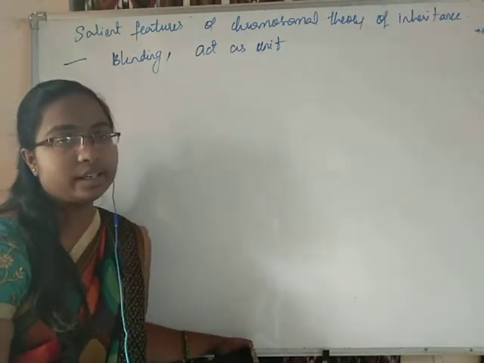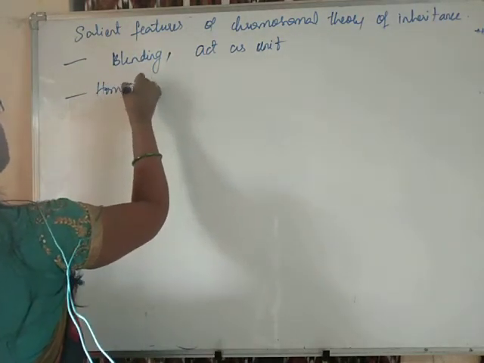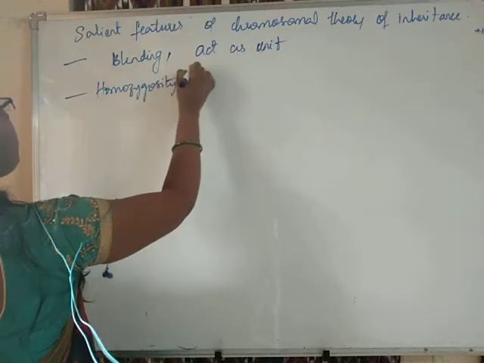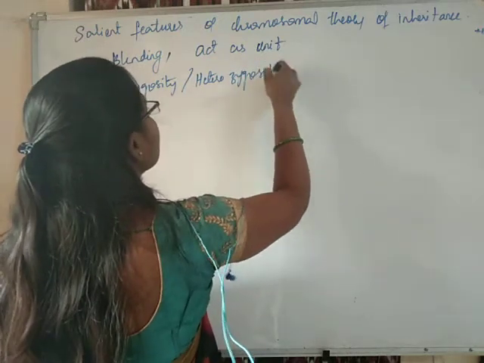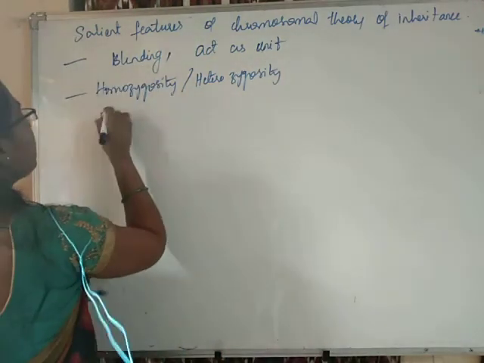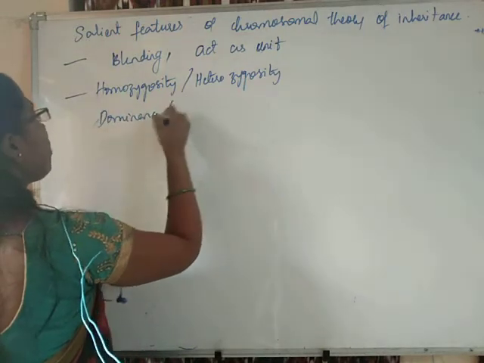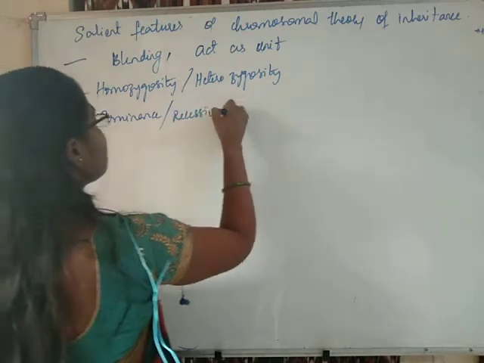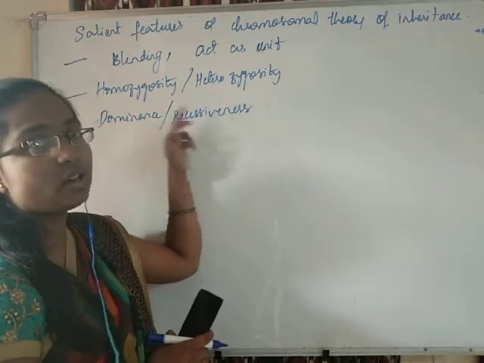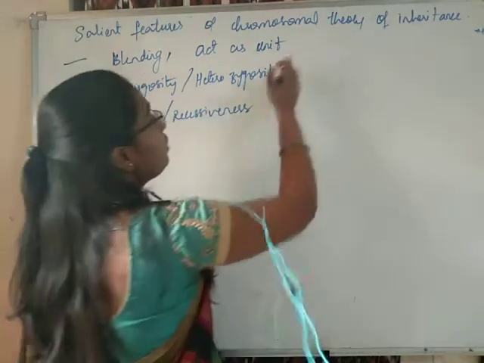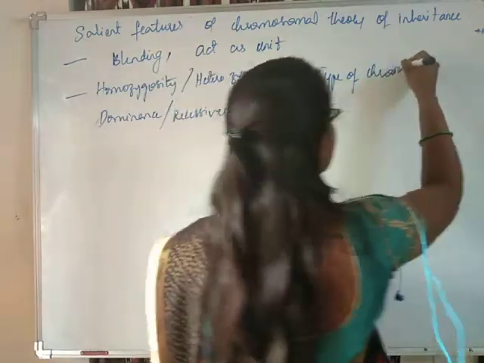And the next thing is homozygosity or heterozygosity, dominance or recessiveness. Whatever it is, it will be due to the type of chromosome and the behavior of the chromosome.